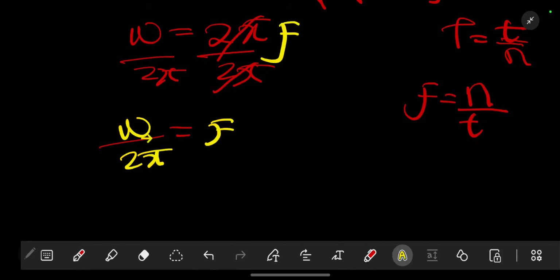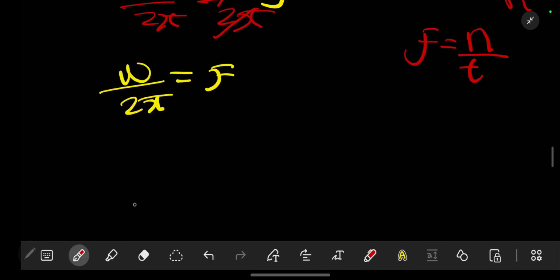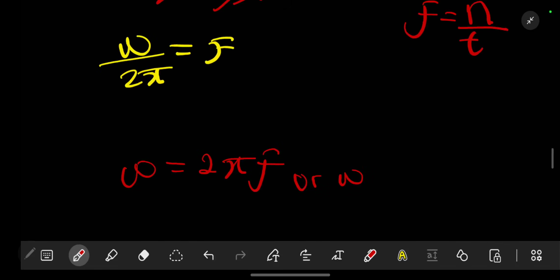This is the formula for the rotational frequency. Then angular frequency, remember, is equal to 2 pi times the frequency, or omega equal to 2 pi over the period.